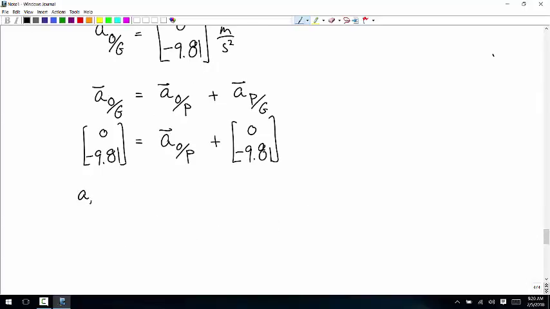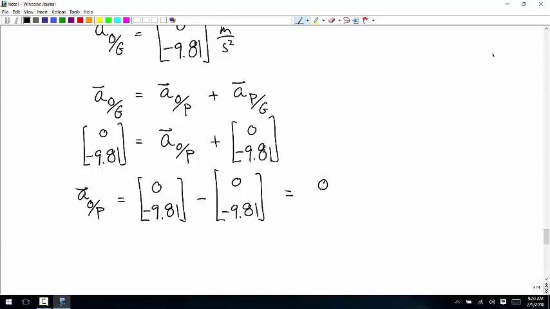And so the acceleration of the object relative to the plane is 0, negative 9.81 minus 0, negative 9.81. So 0, 0. Any questions about that? Yes.